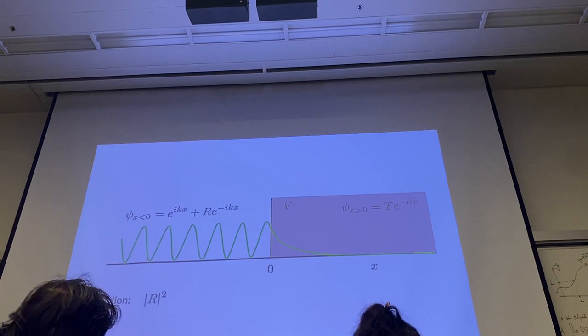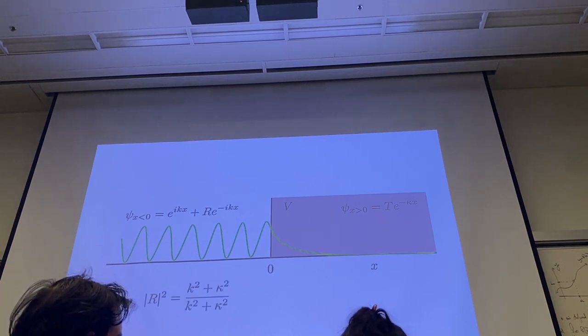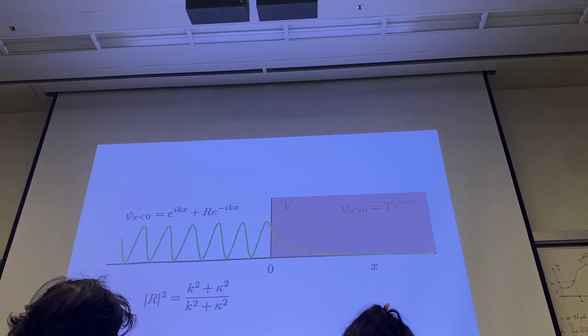That's the chance that the electron will be reflected off the interface. So I basically have to square the expression for r from the previous slide. And if you do that, and you clean up the result, you can show that it is k squared plus kappa squared divided by k squared plus kappa squared, which is nothing but uno. That's 1.